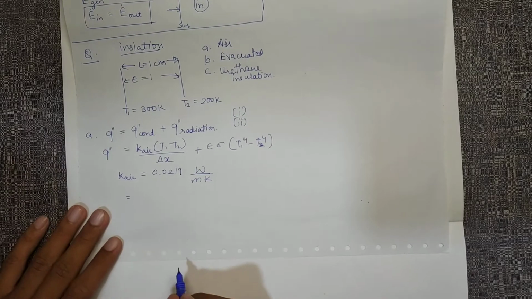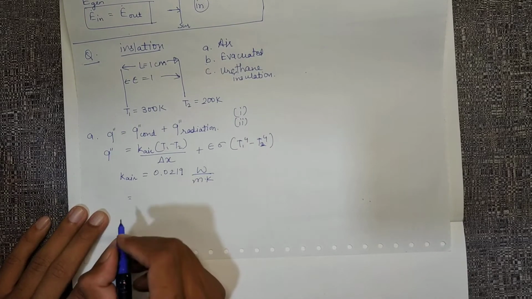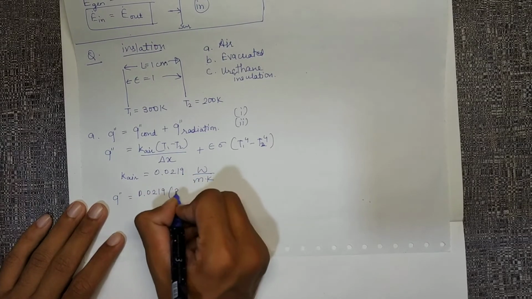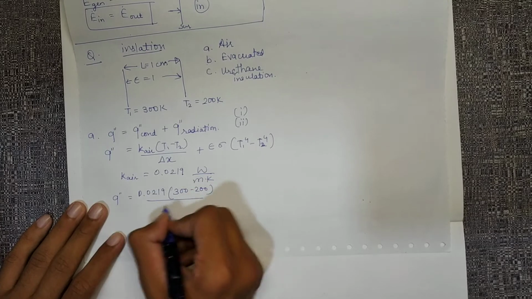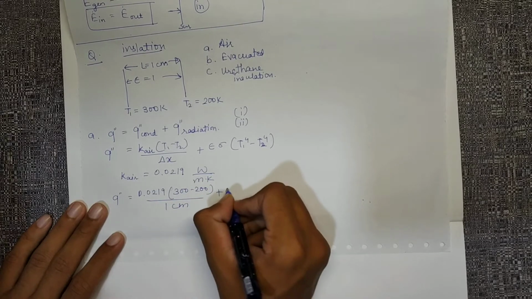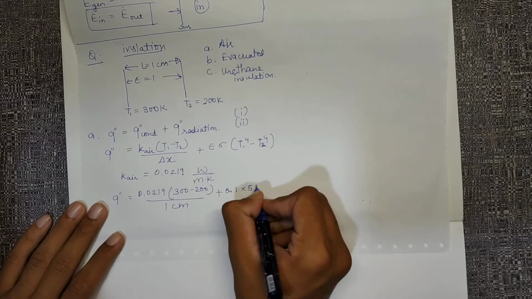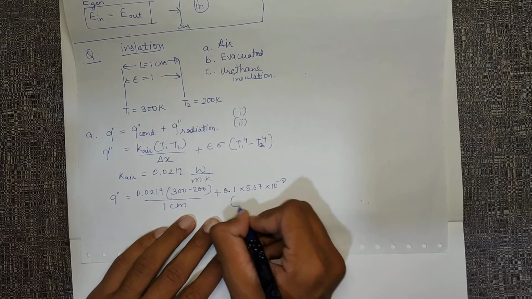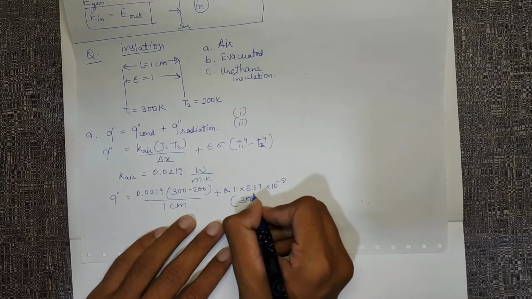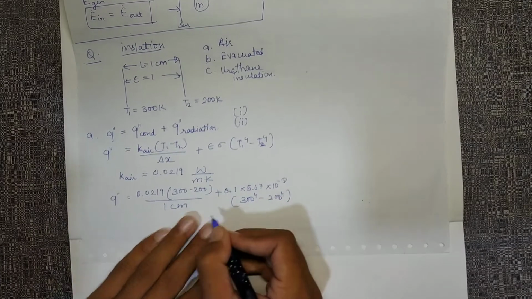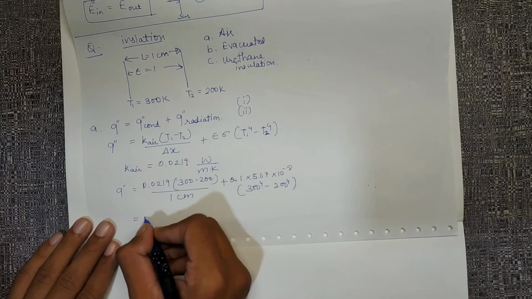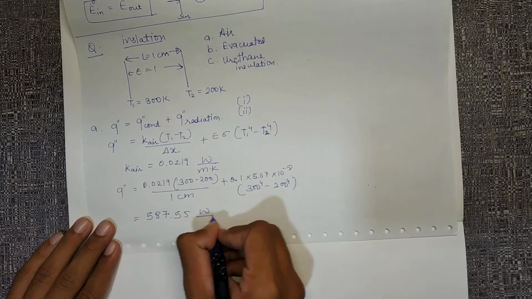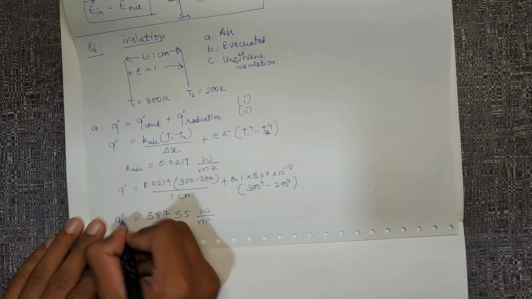Applying all these values: 0.0219 times 300 minus 200 over 1 centimeter, plus 1 times 5.67 times 10 raised to minus 8 times 300 raised to 4 minus 200 raised to 4. This gives me a value of 587.55 watts per meter square, which is the net heat flux.